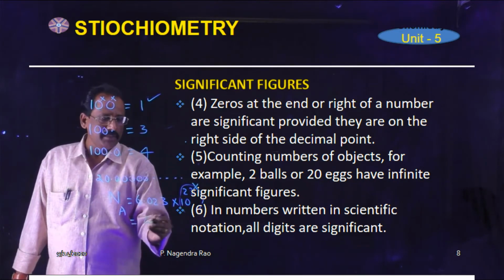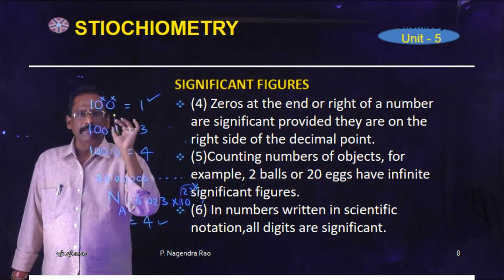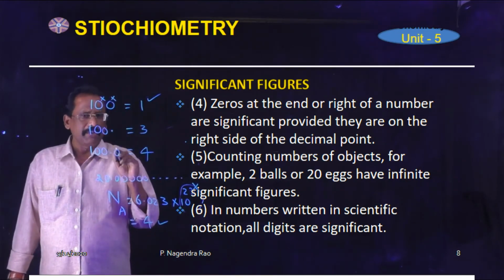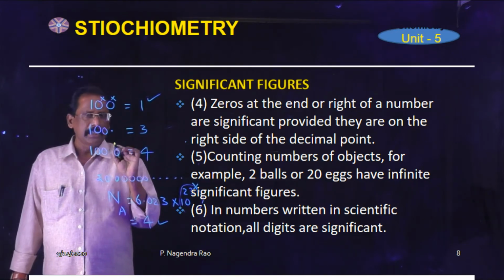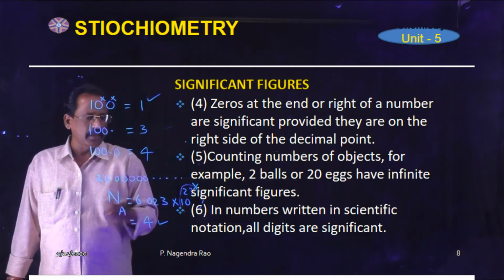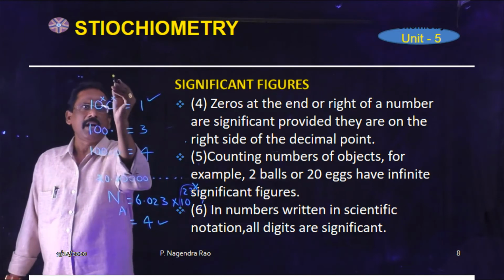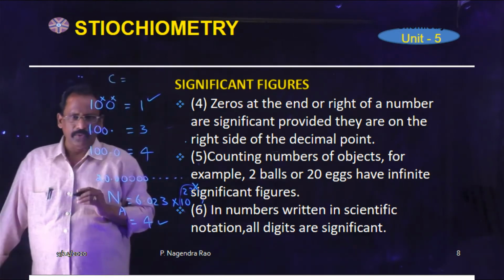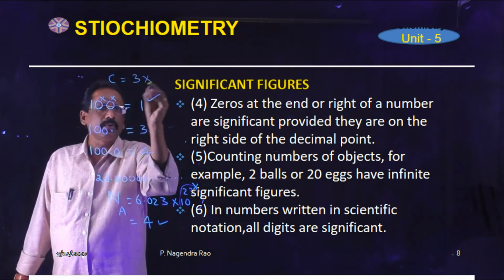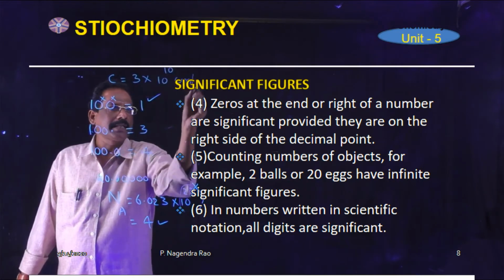So a very important IIT JEE Main bit is, Avogadro's number has 4 significant figures because Avogadro's number is written in exponential form as 6.023 into 10 power 23. Similarly, the velocity of light, the universal constant c, is equal to 3 into 10 power 10 centimeter per second.